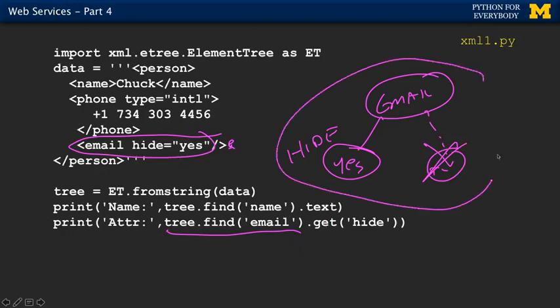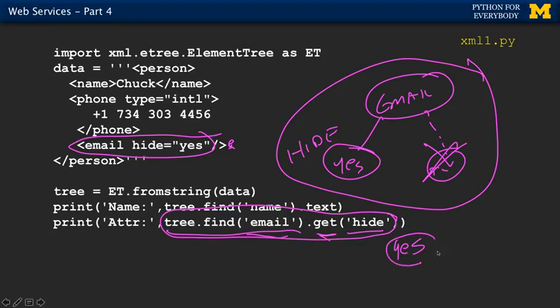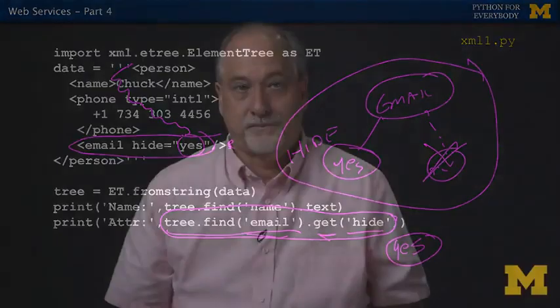That gets us this whole thing, and then we call the get method within it and say get('hide'), and that says go find me the attribute named hide within the tag email. That then gives us back yes. So this whole expression, tree.find('email').get('hide'), gives us yes. That allows us to work our way down through some XML and pull stuff out of the XML. That's what we have to do when we're in a program. And that's the syntax for parsing XML.